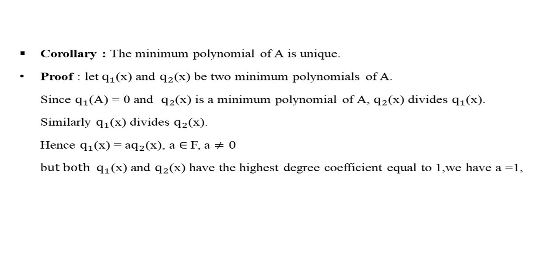But both q1 of x and q2 of x have the highest degree coefficient equal to 1 because they both are minimum polynomials. Therefore, here in this equation a must be equal to 1. So, we get q1 of x equal to q2 of x. So, the minimum polynomial of any matrix is unique.